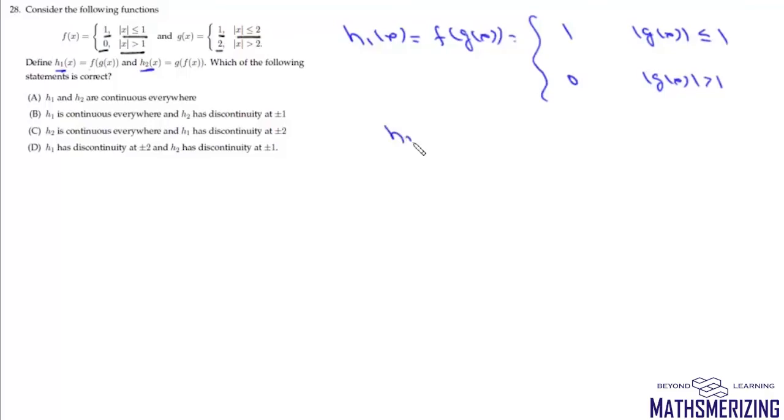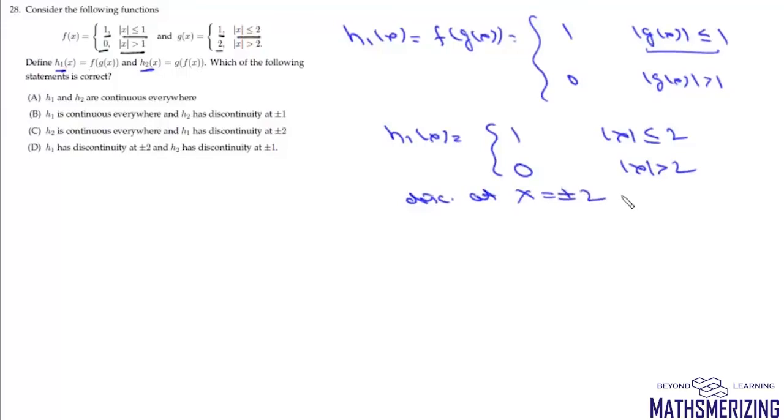So that means we can write h1(x) as 1 when g(x) is equal to 1, that is when |x| is less than or equal to 2, and it will be 0 when g(x) is 2, that is when g(x) is greater than 1. So it will be when x is greater than 2. So this function is discontinuous at x equals plus or minus 2. So h1(x) is discontinuous at plus or minus 2.